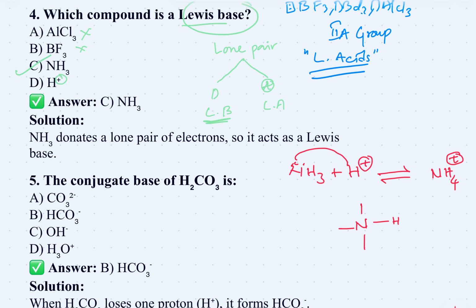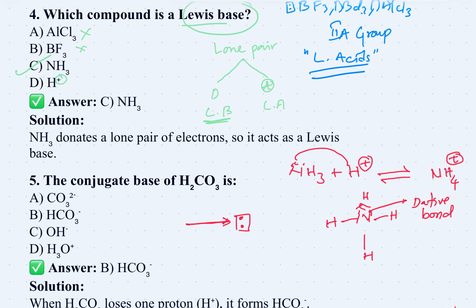But this is a covalent bond, this is a covalent bond, this is also a covalent bond, but this is a dative bond. That is called a coordinate covalent bond. Any compound that gives a dative bond donates a lone pair of electrons. So a dative bond is formed by the donation of a lone pair of electrons to another compound.